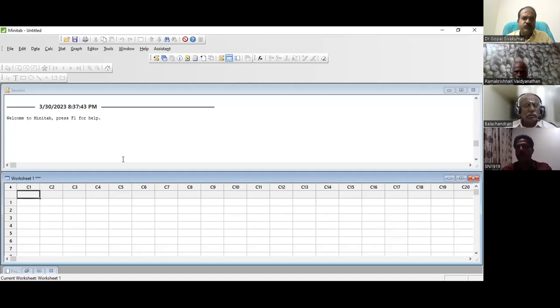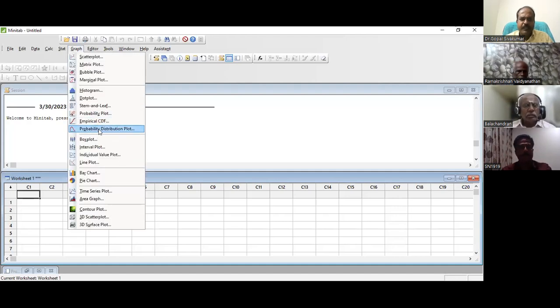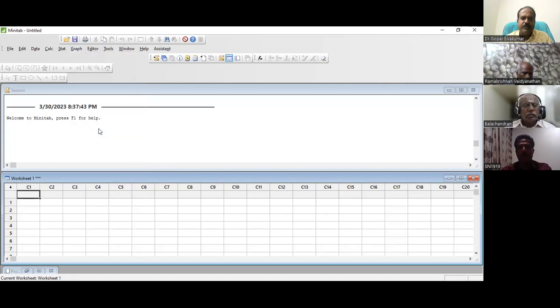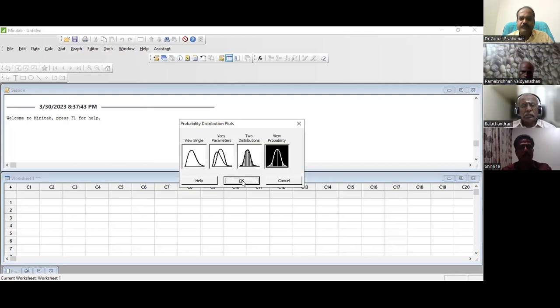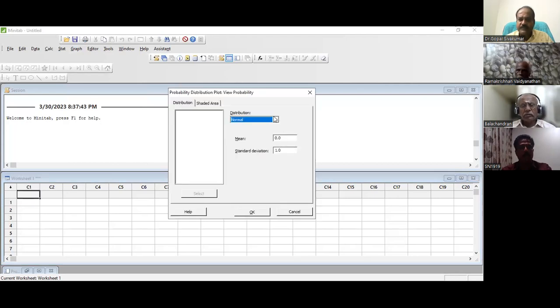Yeah. So please go to Graph, Probability Distribution Plot. And then you can go to View Probability. Choose the normal. Mean equal to 0, standard deviation equal to 1. That means you are referring to the standard normal distribution.